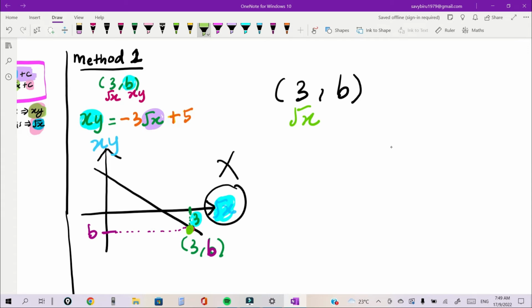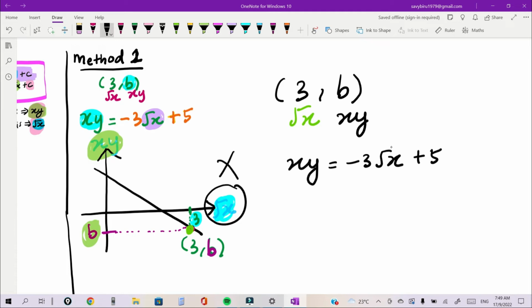And the b here refers to what value? xy value. Your y axis right now is xy. So that's why 3 is your x coordinate and b is your y coordinate. Okay, b. So now you can solve.